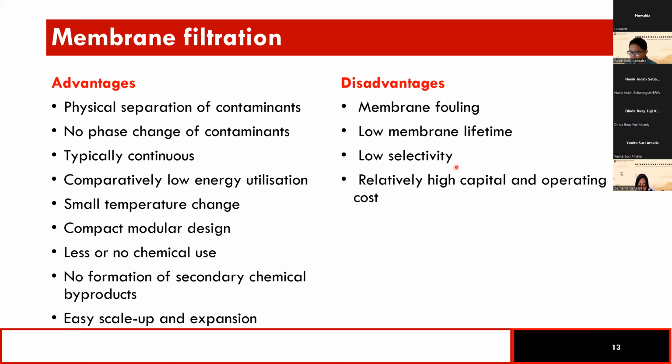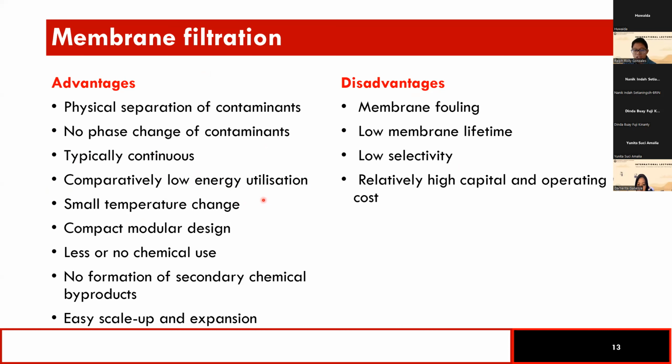We don't have to make it into solid. We just have to separate solids and liquids, or solids and gas, or liquids and gas. This process is typically continuous, and there is comparatively low energy utilization. There may be small temperature change, but this is little, so it's insignificant.